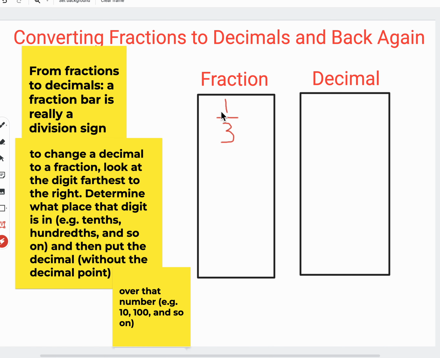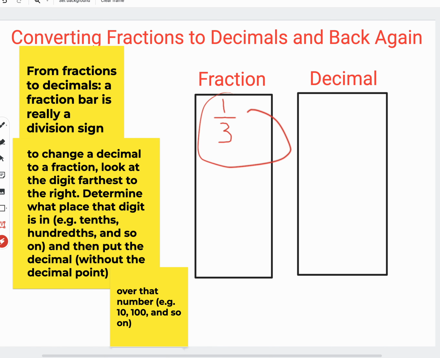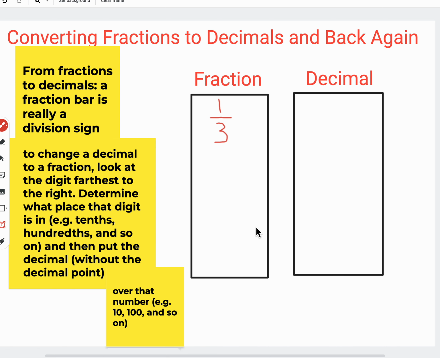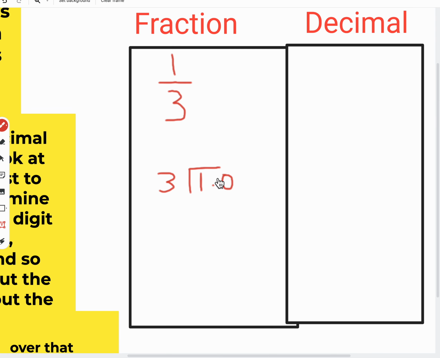Here we see that the division bar, the fraction bar, means to divide. This is 1 divided by 3. Three will not go into 1. However, it will go into 10.